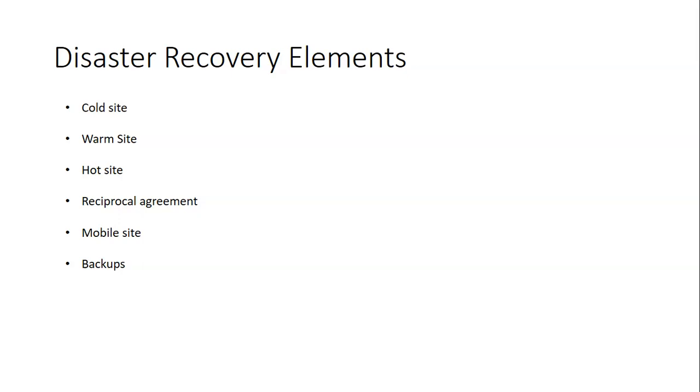So if there's an incident at company A, company B can open up its data center to company A to set up and run for a while before company A fully recovers back to the primary site. There are usually confidentiality issues here, because you're housing the data with a third party you have no control over.